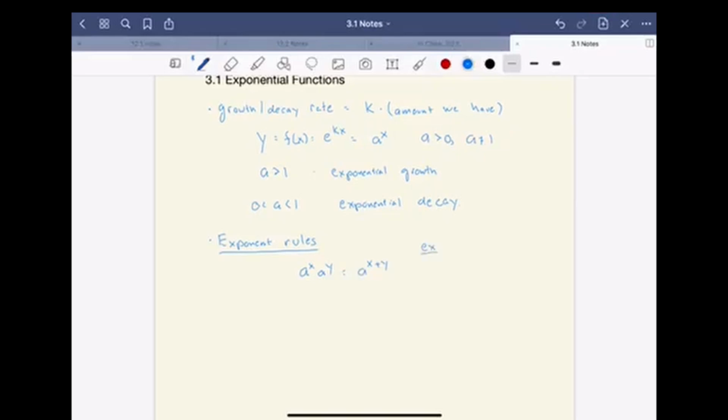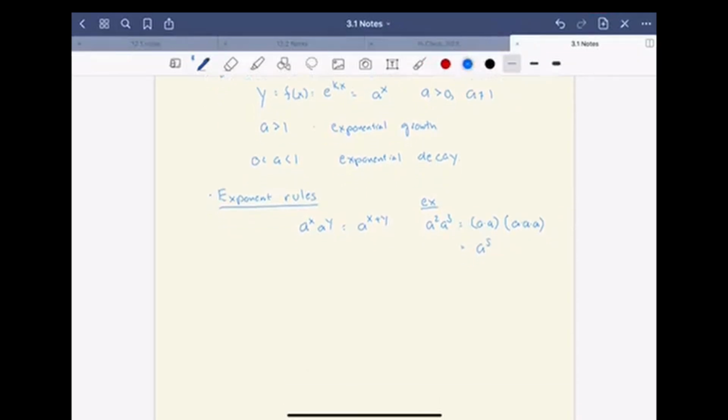I always think of it in terms of a simple example. Let's say you have a squared times a cubed. If you think about that, you have 2 a's multiplied there and 3 a's multiplied there. You add up all the a's, and you get a to the 5th.